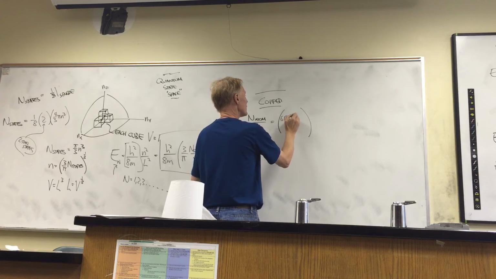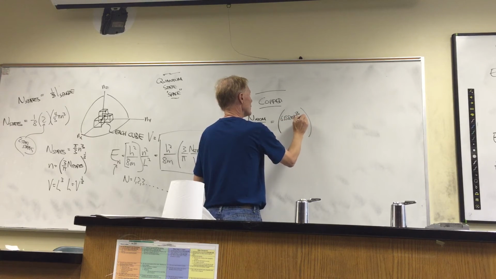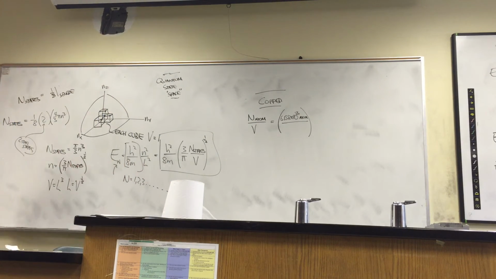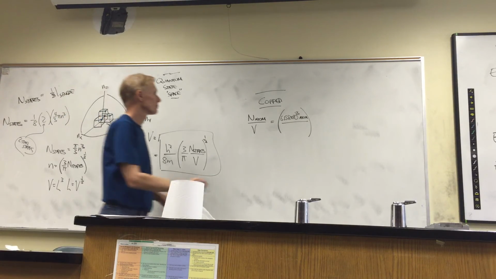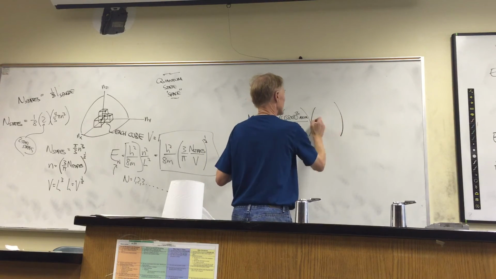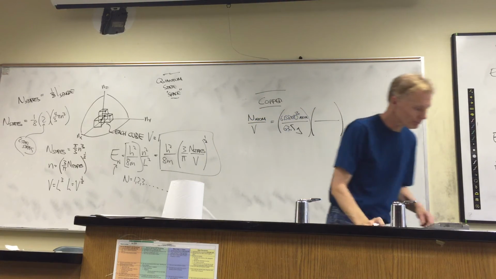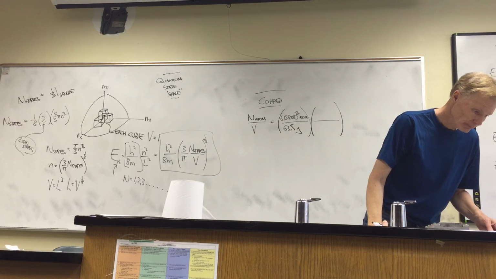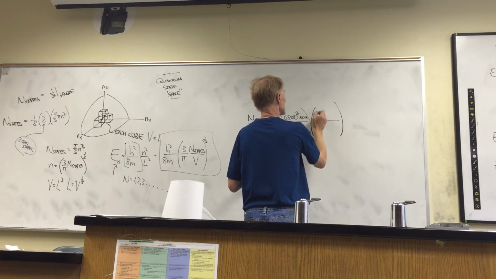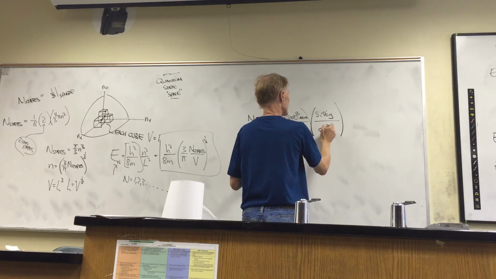We'll say Avogadro's number of atoms for copper, how much mass would that be? 63.5 grams. And then what's the density of copper? The density of copper is 8.96 grams per cubic centimeter.